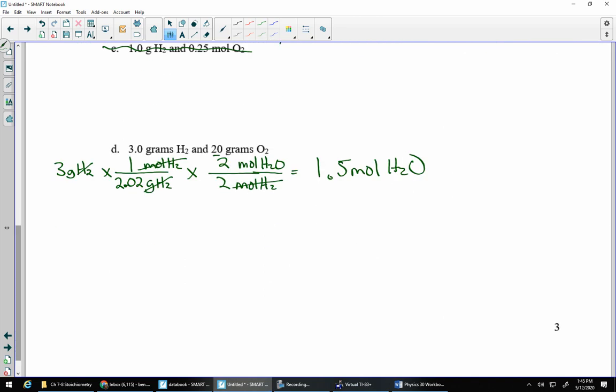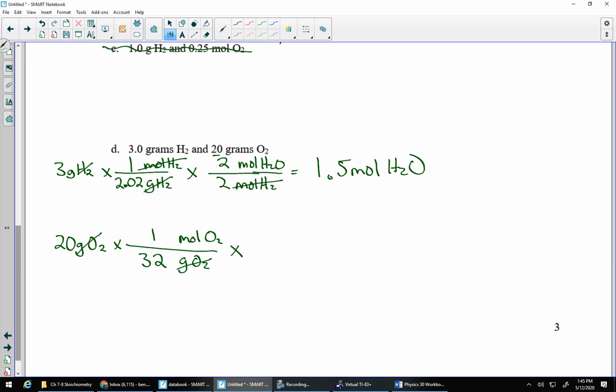Let's figure out now with oxygen. So I got 20 grams of oxygen. I'm going to multiply it to get it into moles, so I have to use my molar mass. Grams of oxygen has to go on the bottom so that they cancel, and moles of oxygen need to go on the top. It is 32 grams for every 1 mole, because remember we're dealing with oxygen, O2.